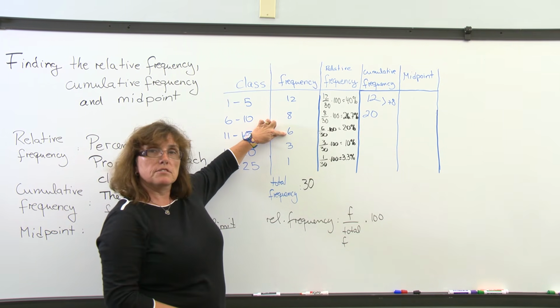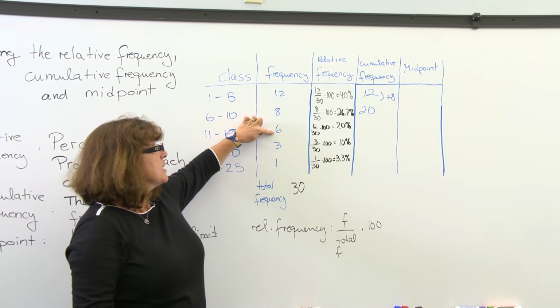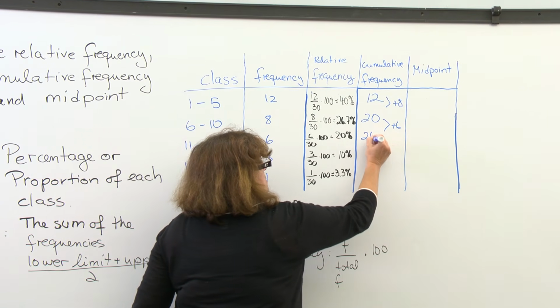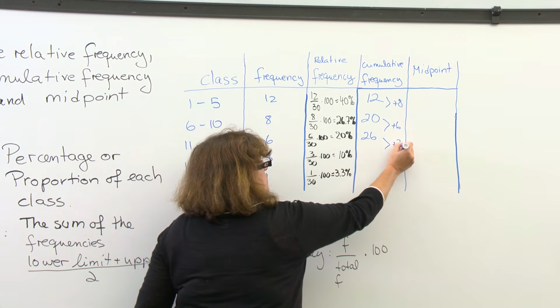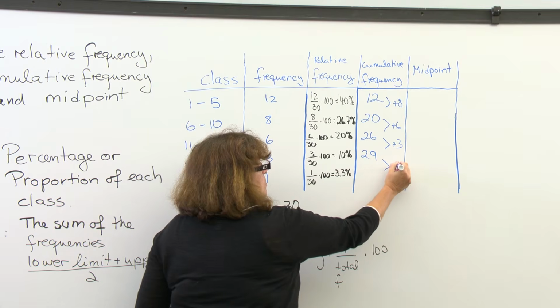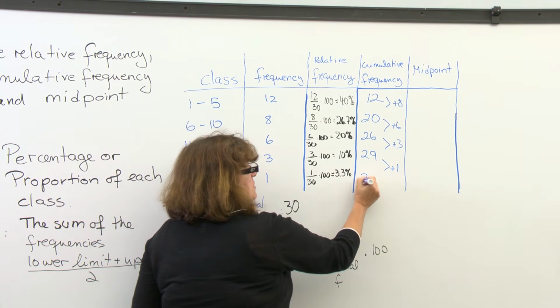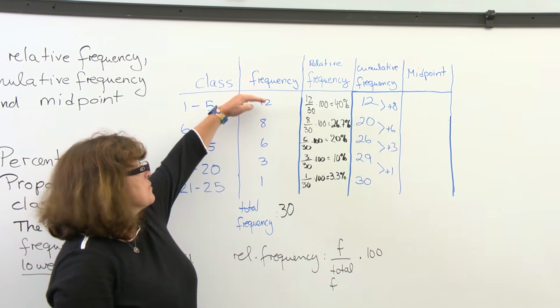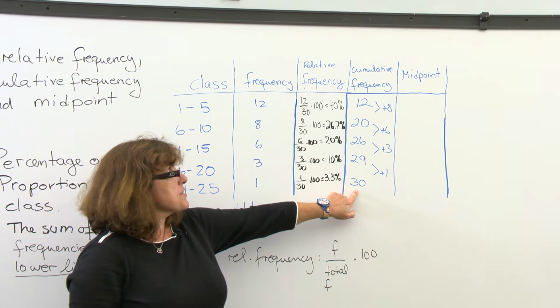And so forth. So now we're using 6, and we're adding 6 to 20, we get 26. Then we use the next frequency, which is 3. 29 plus 1 is 30. So I added all my frequencies to end up with 30.